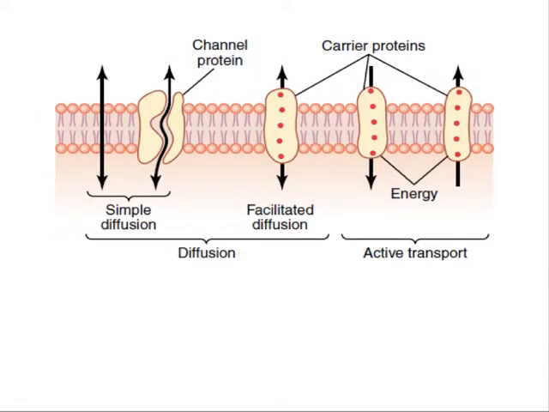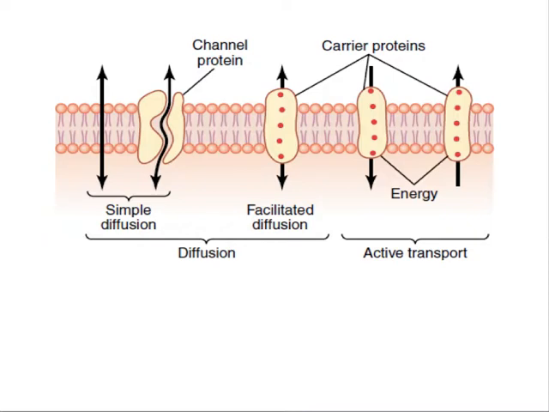Here you can see in this figure the basic classification of the transport mechanisms, that either it is diffusion or active transport. Diffusion, of course, does not need an extra source of energy, while the active transport does require an extra source of energy.